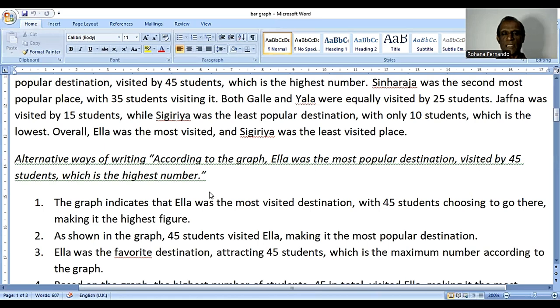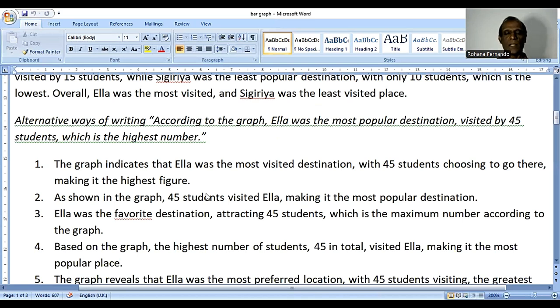Thirdly, Ella was the favorite destination, attracting 45 students. So here we have used another verb form, attracting 45 students, which is the maximum number according to the graph.